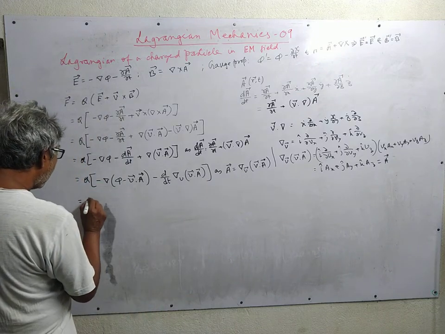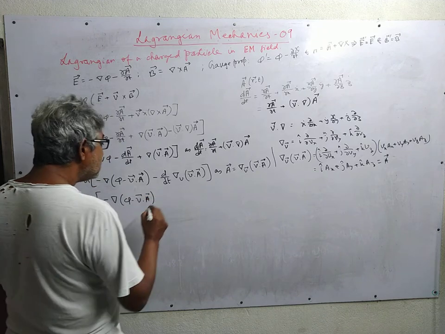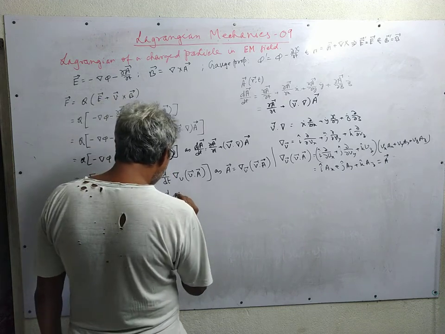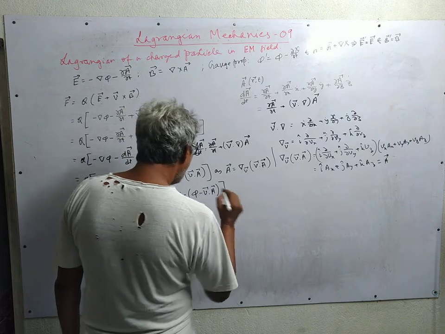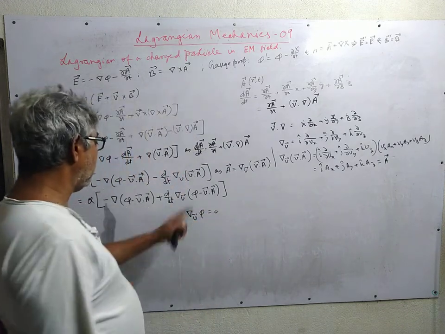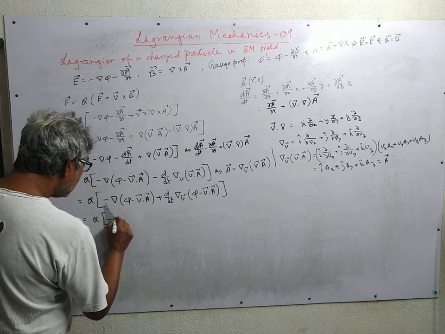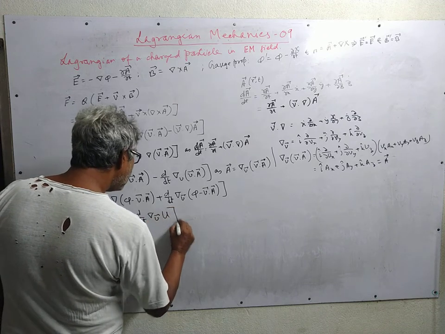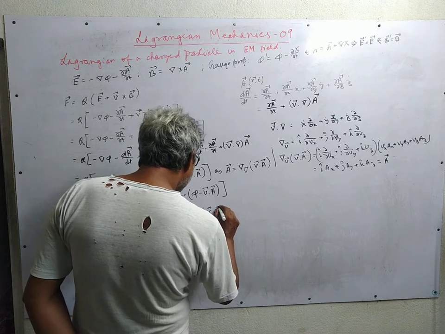Keeping this in mind, we can write this as, what I have done, I have introduced this part which is 0, so a 0 part is introduced, and we write it as, where u, the function u, is a function of position, velocity and time.